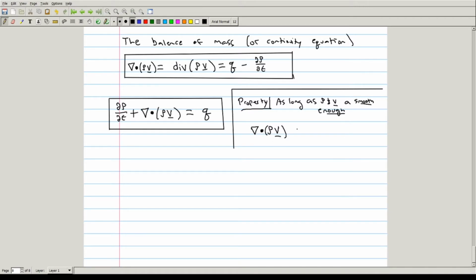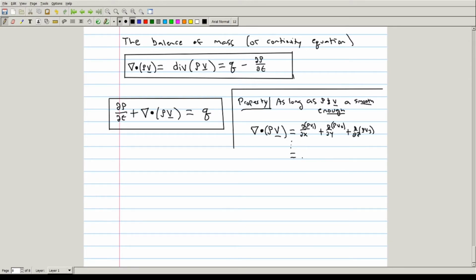Then we have the divergence of rho times v. If you look at this component-wise, in Cartesian coordinates this is the x partial derivative of rho times v1, plus the y partial derivative of rho times v2, plus the z partial derivative of rho times v3. Each one of these combinations is a function times a function, so the normal product rule is obeyed. I'm going to let you fill in the details here. It's a very good exercise.